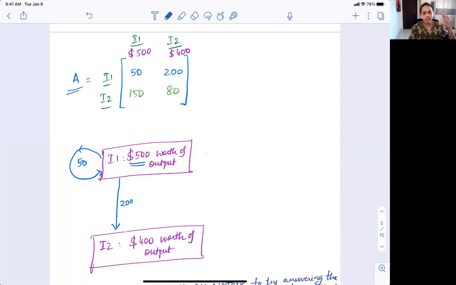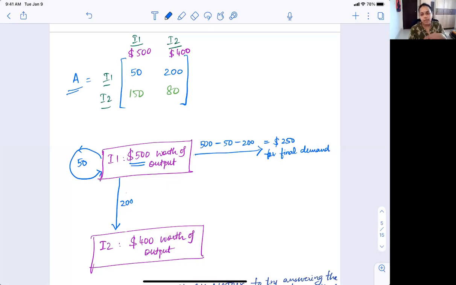And in total, I1 is producing $500 worth of output. So if 50 is cycled back into its own production and 200 goes to the other industry, that means we are left with another 250, right? So from 500, 50 goes away, and then another 200 goes away, which gives you $250 worth of output for final demand.